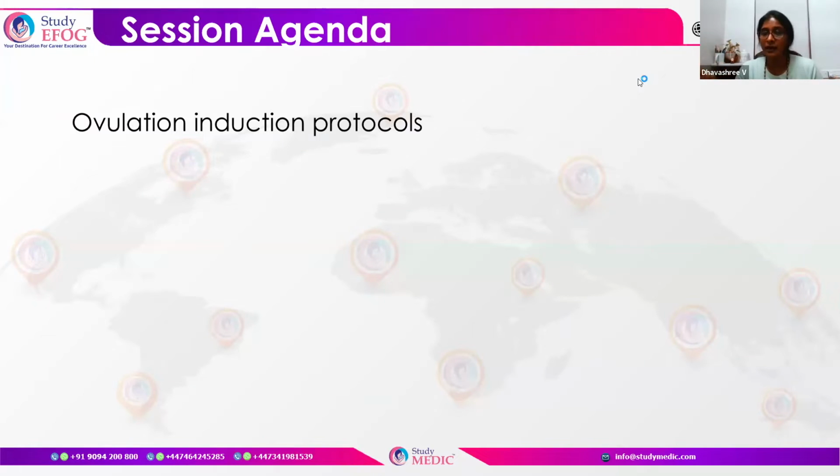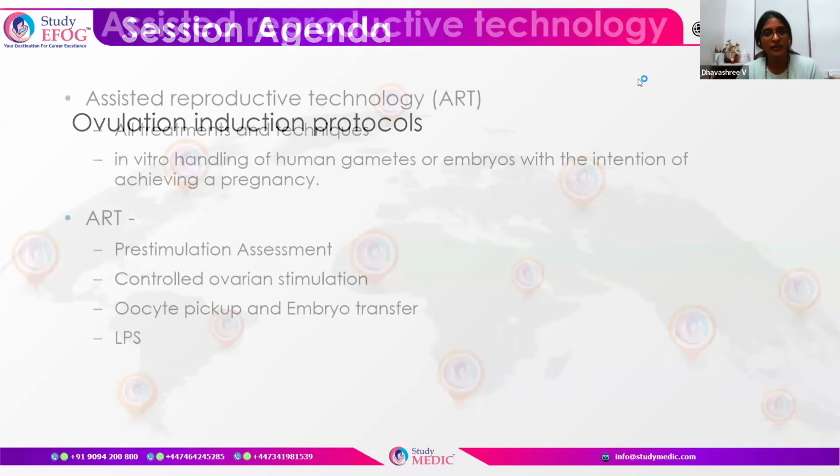Controlled ovarian stimulation is when the ovaries are stimulated in a controlled fashion so that we achieve multiple follicles, which we retrieve and use for IVF or ICSI. That is the difference.